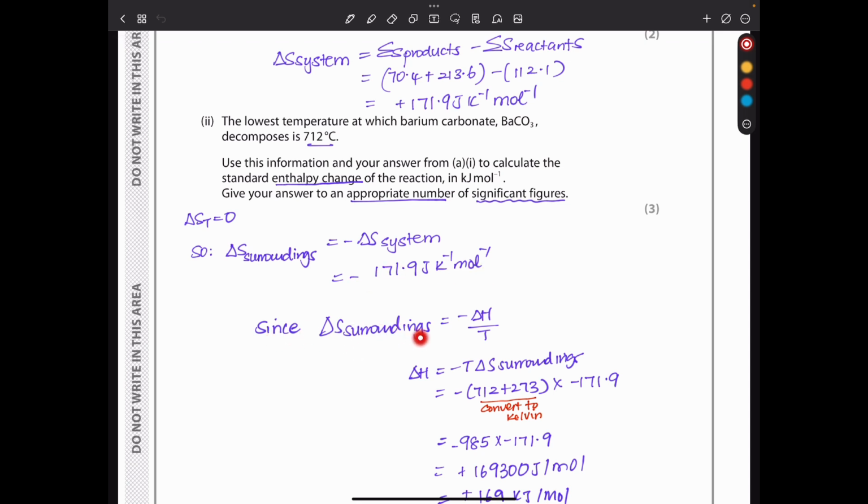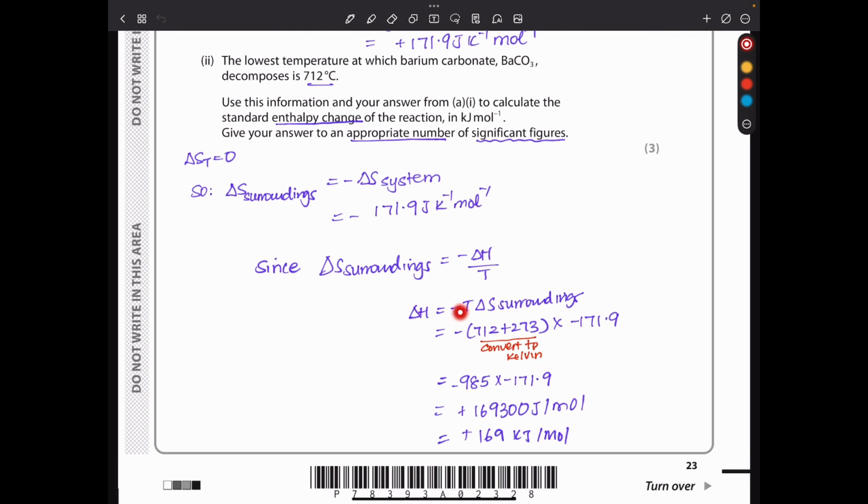So since ΔS surroundings equals negative ΔH over T, ΔH will equal negative temperature times ΔS surroundings. We know the temperature is 712, so add 273 to get the temperature in Kelvin, times the value we have as ΔS surroundings. My calculated answer gave me positive 169,300 joule per mole, which is the same as 169 kilojoules per mole.